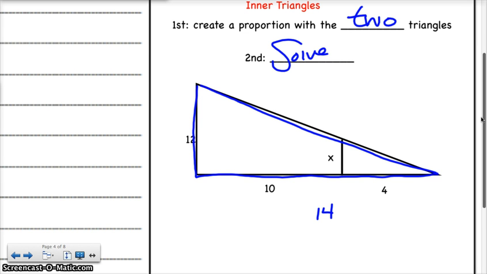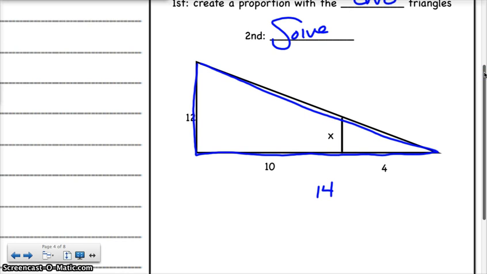If you are one of the students that thinks it's 10, what helped last hour is when I erased it and I said, okay, they visualized the big triangle, but they're thinking that this 10 is only aligned with the big one. Notice that the 10 stops right there. And is that a triangle?